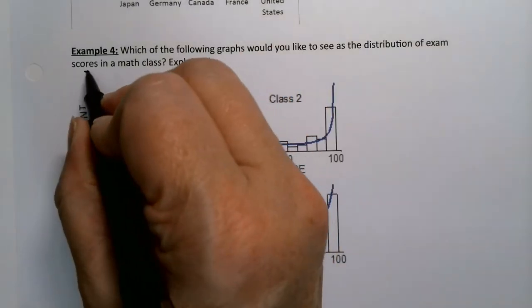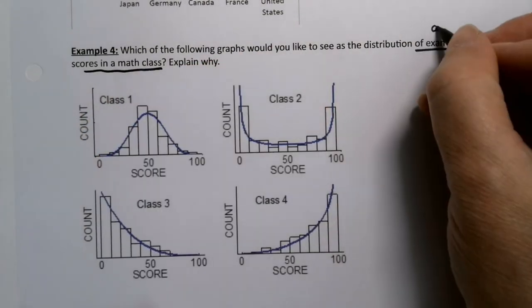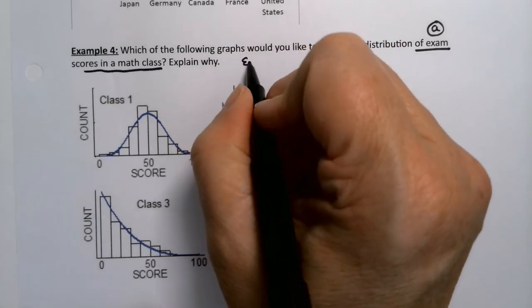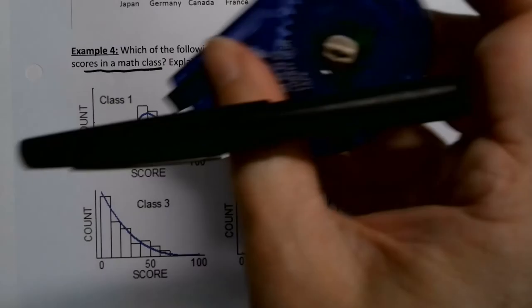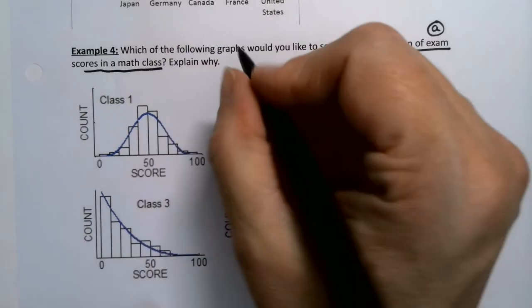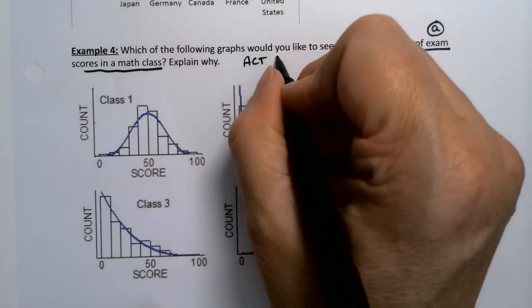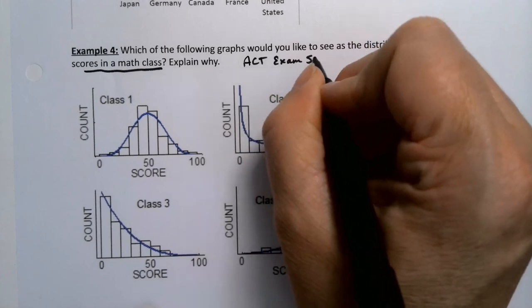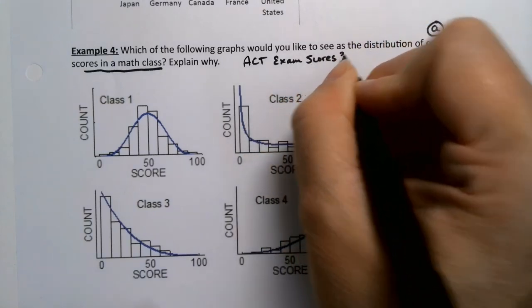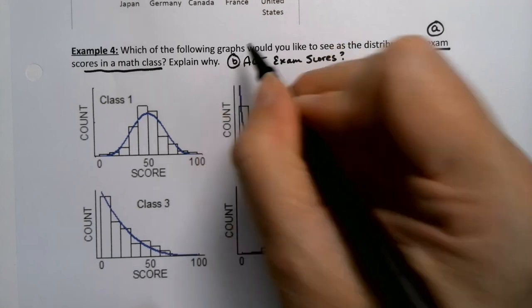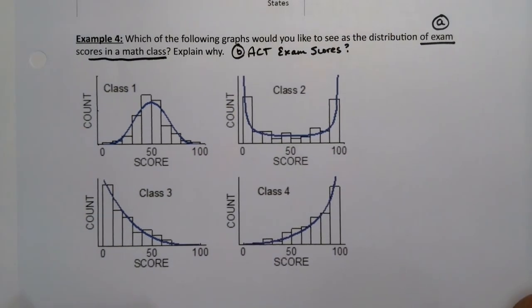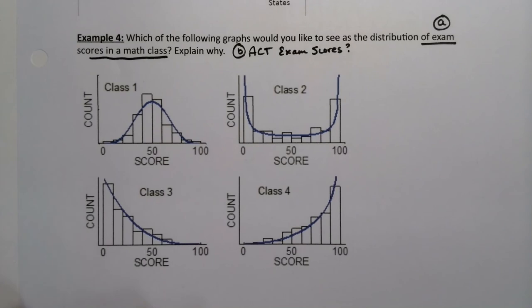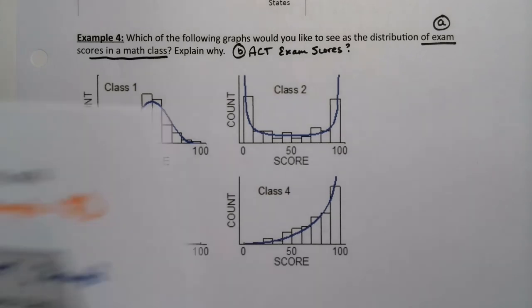So let's do exam scores in a math class as A. And let's do ACT exam scores, and we'll call that B. Now, which one is which? Well, if you think about the count and the numbers we actually already saw for real legit exam scores, I think you might be able to see kind of a sense here.